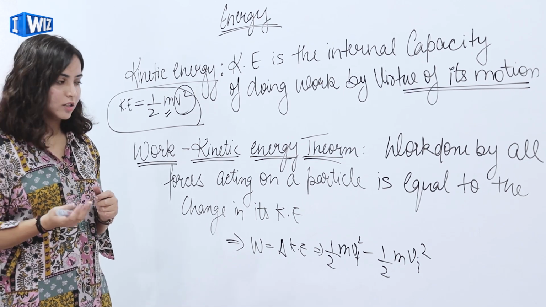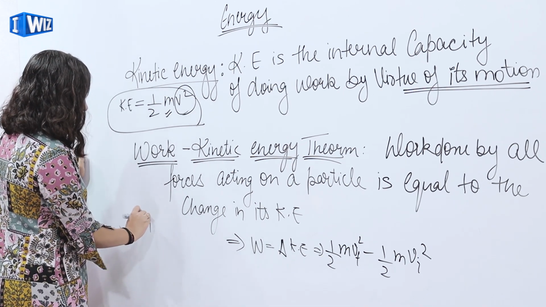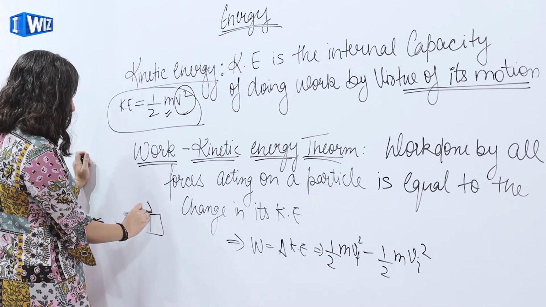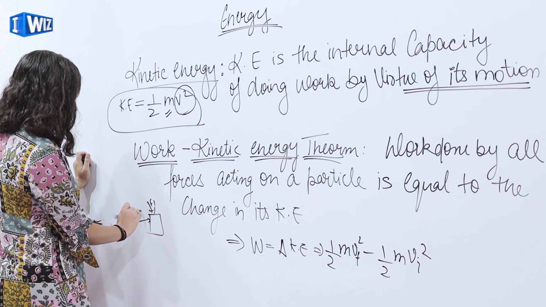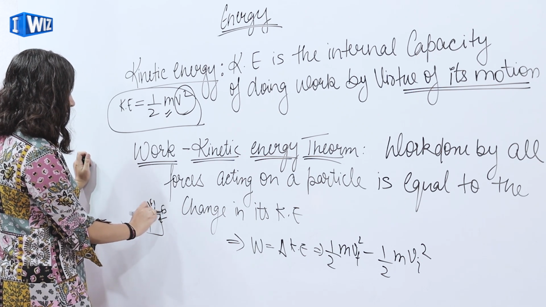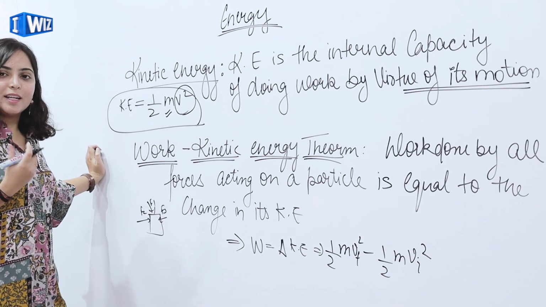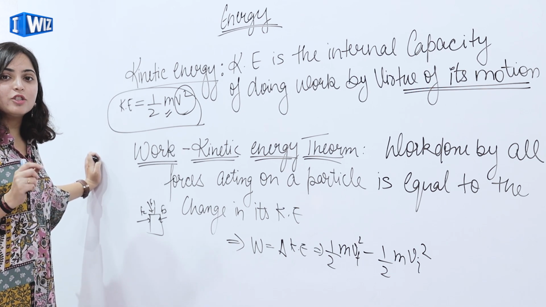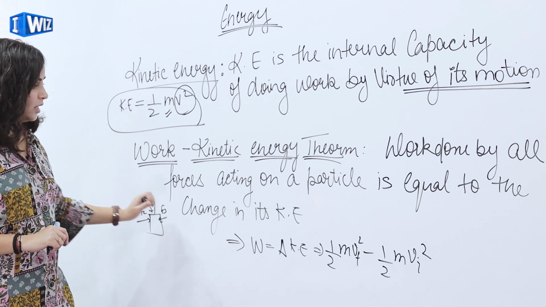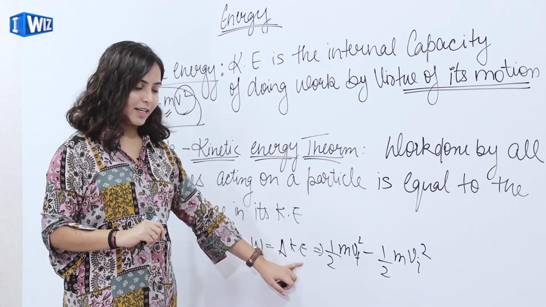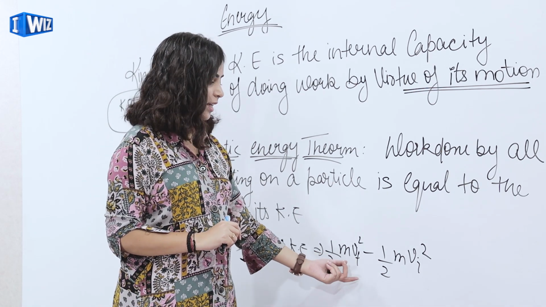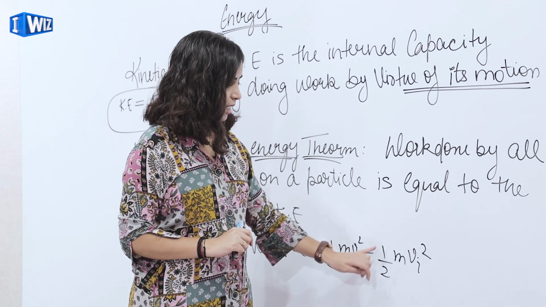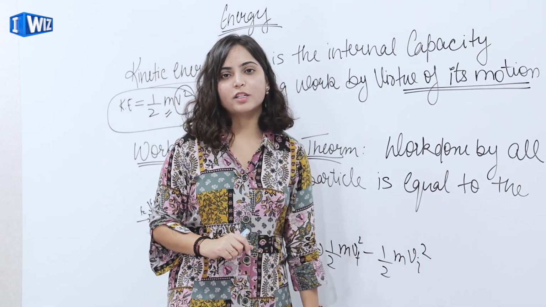its kinetic energy. For example, if I have a particle and forces F1, F2 and F3 are acting on it, then the work done by all the forces acting on the particle will be equal to the change in kinetic energy. Work done is equal to delta of kinetic energy. That means half m final velocity square minus half m initial velocity square.